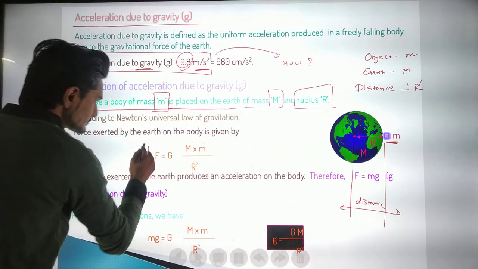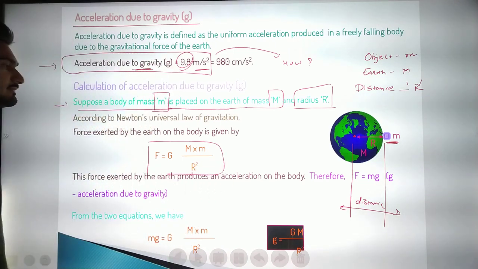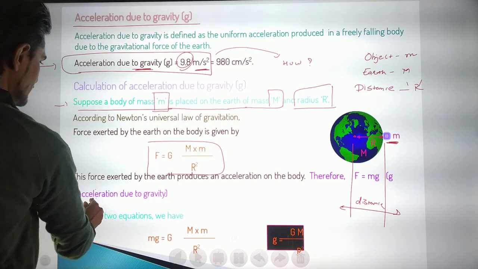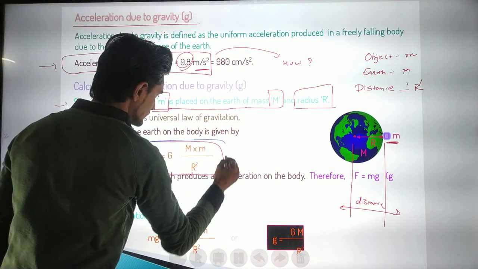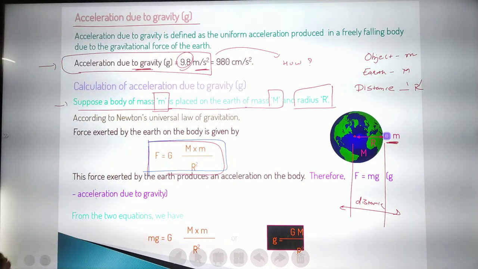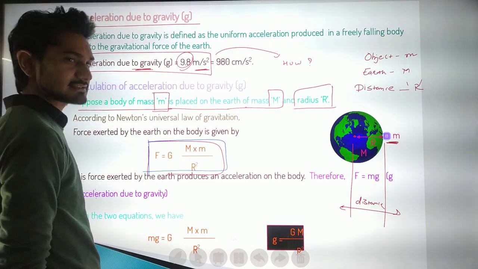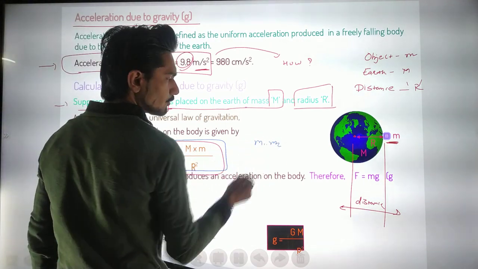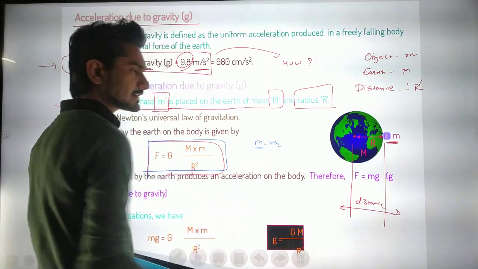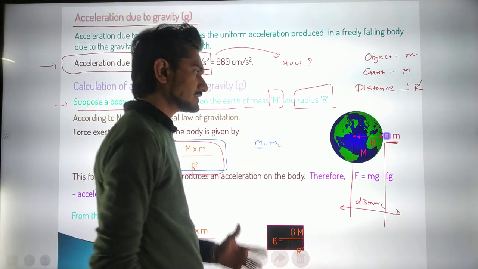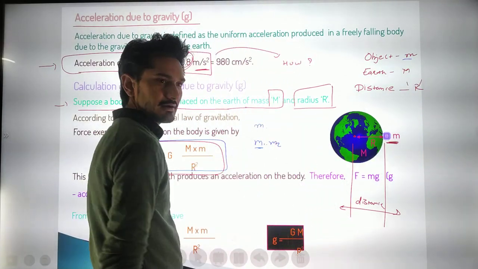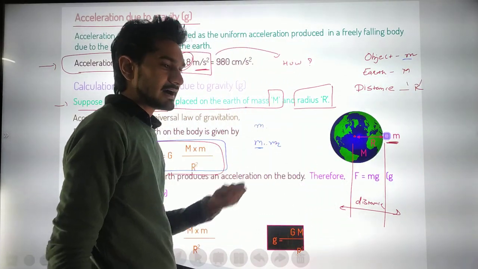So here comes the equation that we have already finished. I think you cannot see, I will change the color. Here is the equation that we have already seen. We have taken m1 and m2. Now what we have to do: m1 is the mass of object 1, so we take the object as small m, and m2 is the mass of object 2.